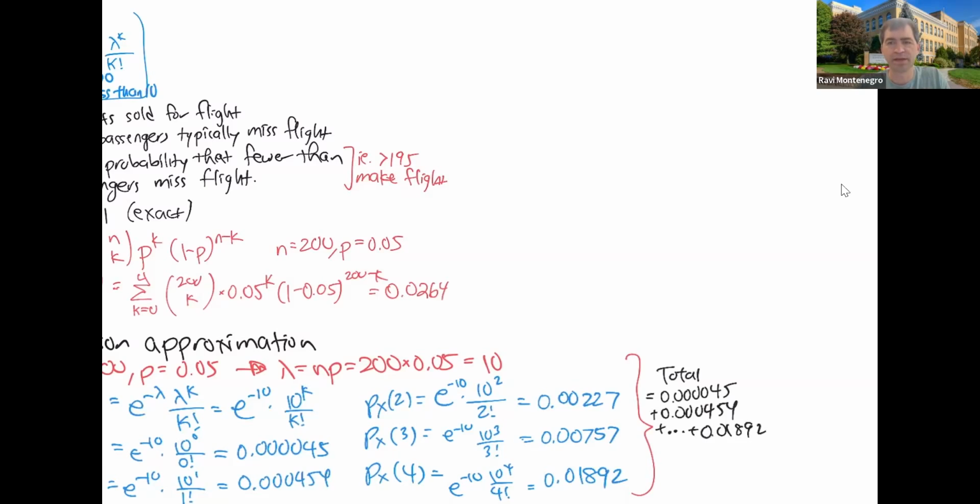I'll type them all into my calculator and see what I get. Give me a minute for that. And this will be 0.029.